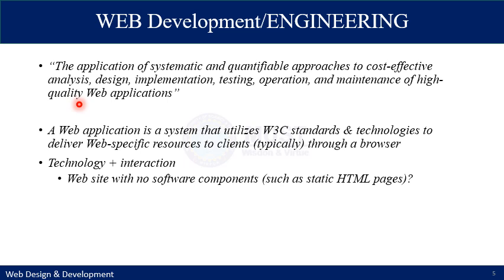So it is very much similar to the software engineering process: you have to be on time and follow the costs. It should be on budget and of high quality. That means it has acceptable performance, and it must follow the systematic and quantifiable approaches of your software development process model.